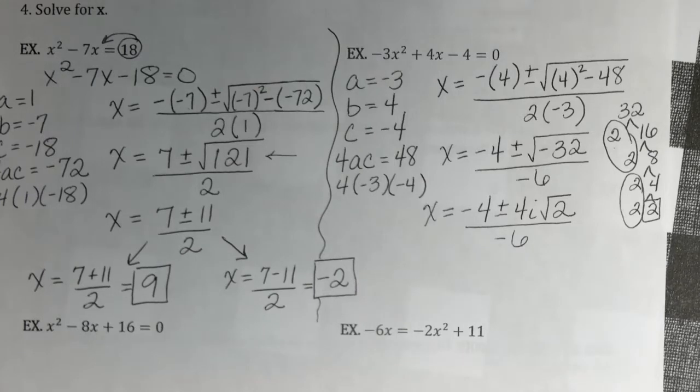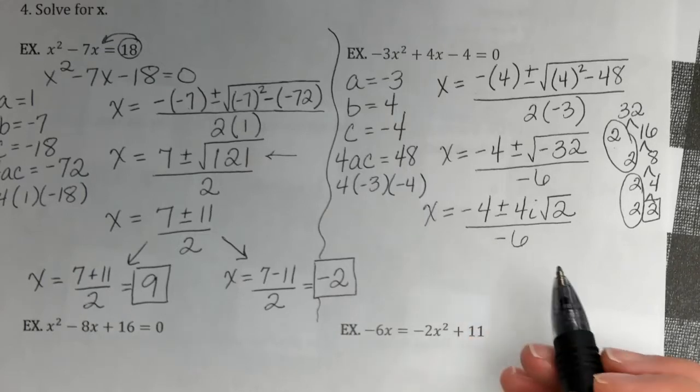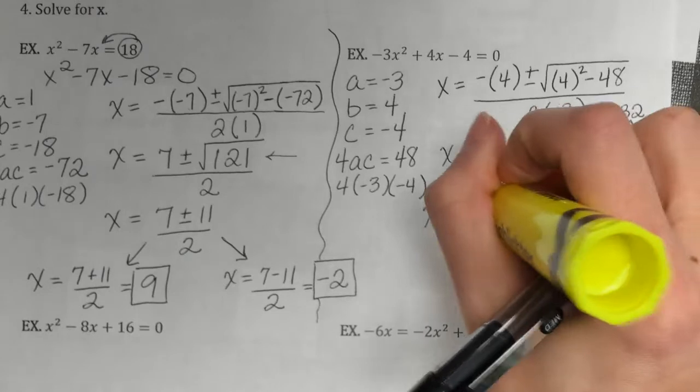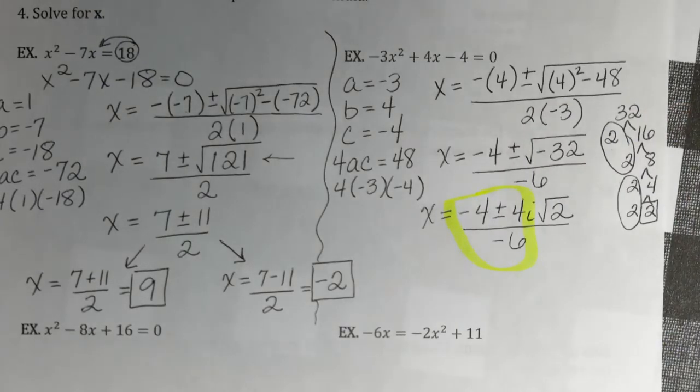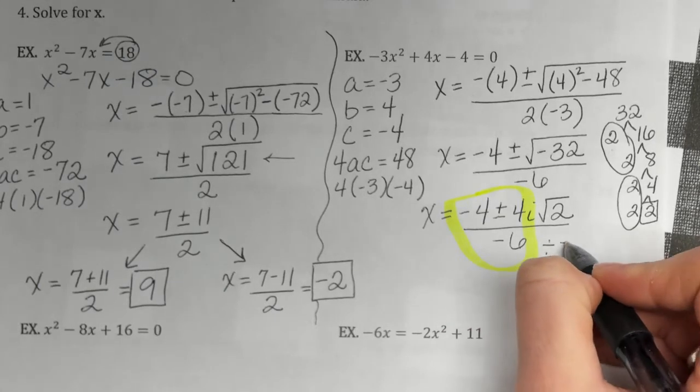Okay, but I'm not done. Right? It's not in simplest form. What do I need to do? I have to take out the negative that's in the denominator, and I also have to simplify them. I can divide them all by 2. Okay, so really what I'm doing is I'm dividing these outside numbers. I don't ever change the radical. I'm taking those outside numbers and I'm dividing them by a negative 2.